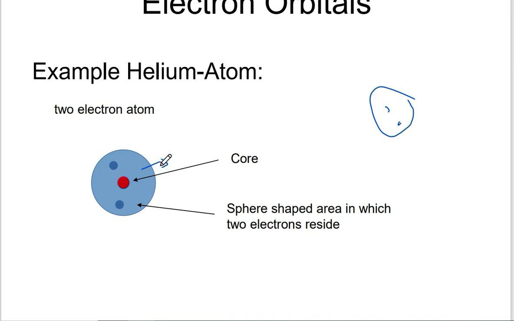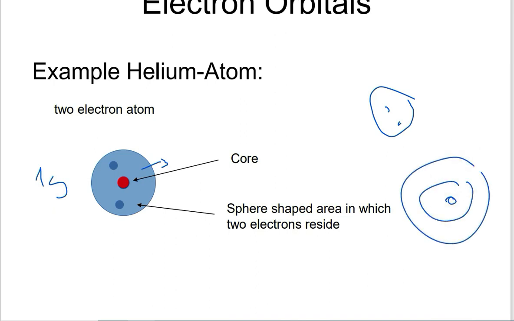This is the first level. So we have the nucleus in the middle, and we have those orbitals around it. And we go from level 1 to level 2 to level 3 and so on. The more electrons we have inside the atom, the more levels we need to occupy.